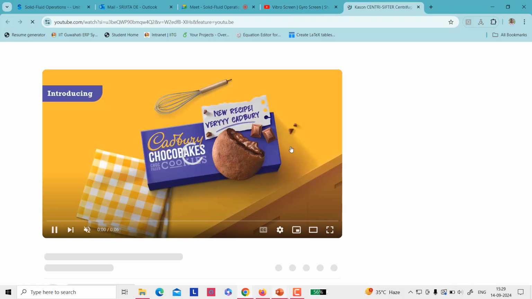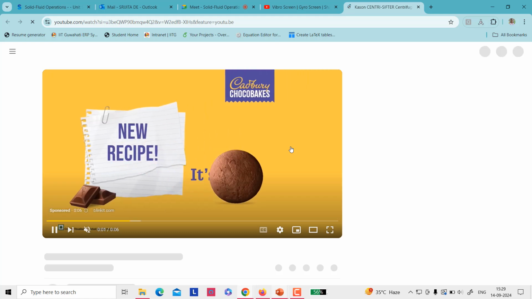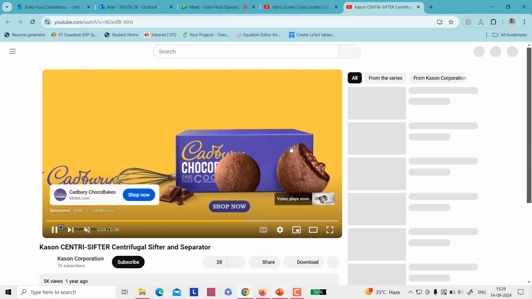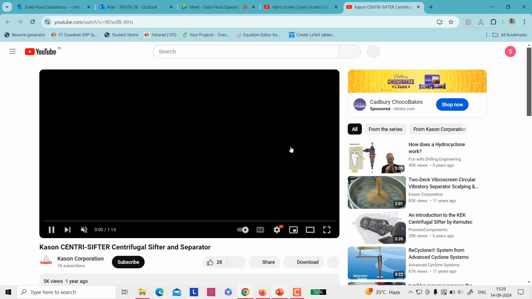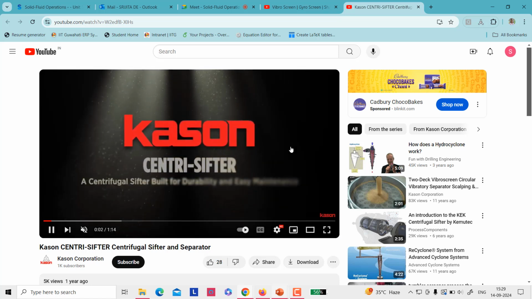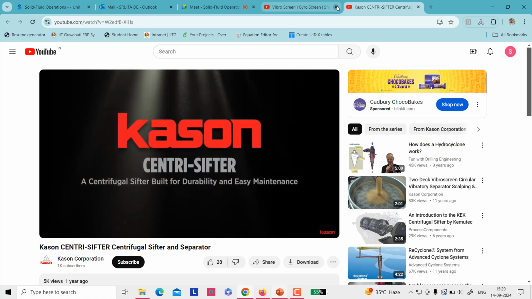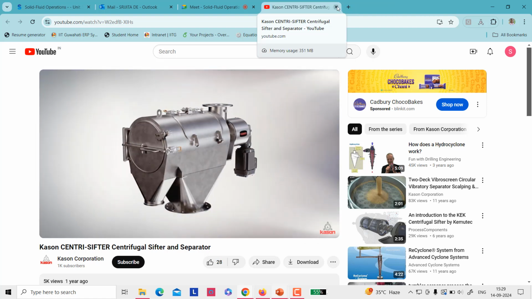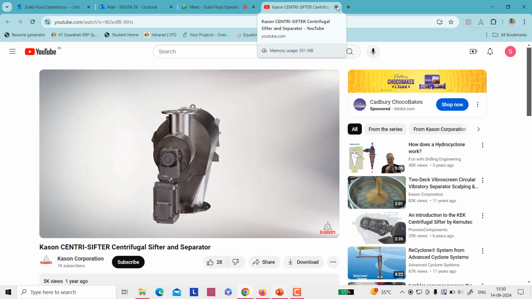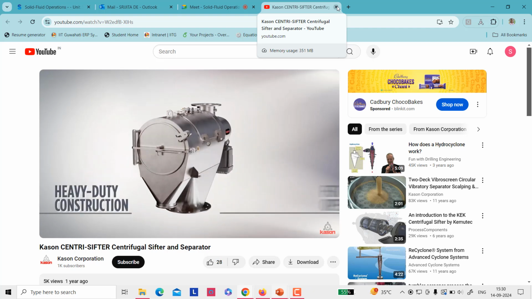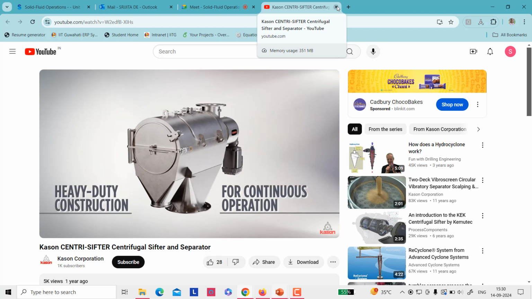The last one is the centrifugal sifter. This is a horizontal cylinder of woven metal or plastic.